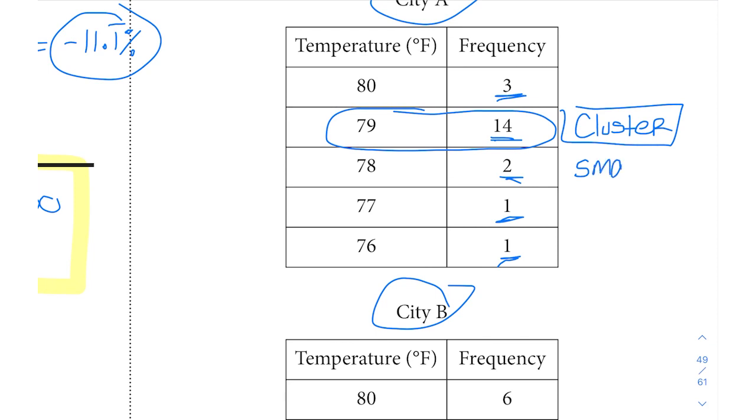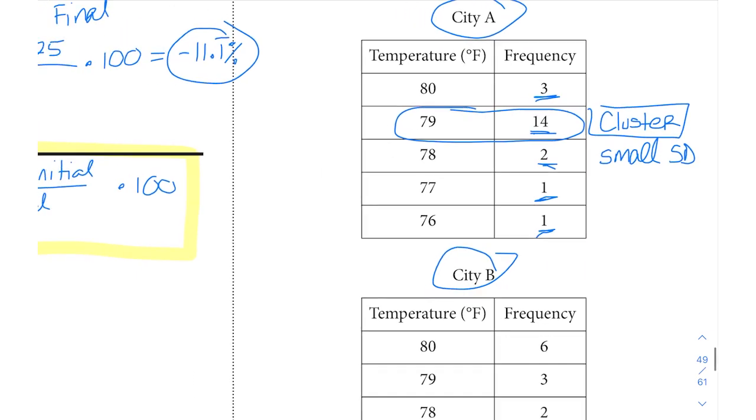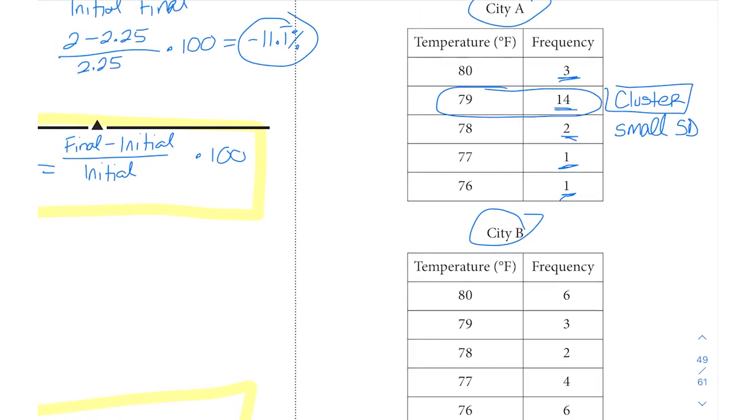So this is a significant cluster, and when the data is scrunched together like that, whenever you see a big cluster like that, that's going to indicate a lower standard deviation. So you'd have a smaller value for standard deviation here.